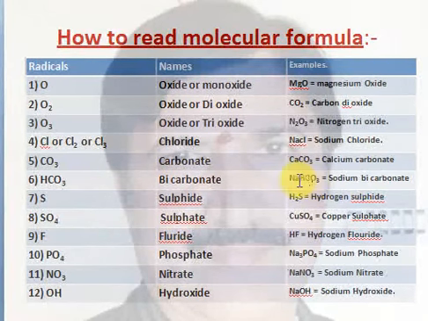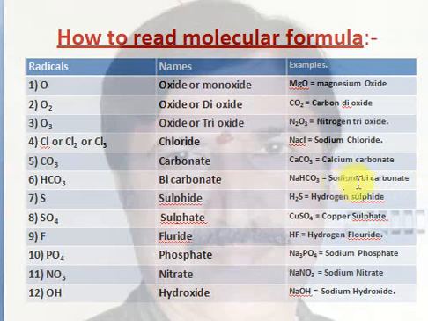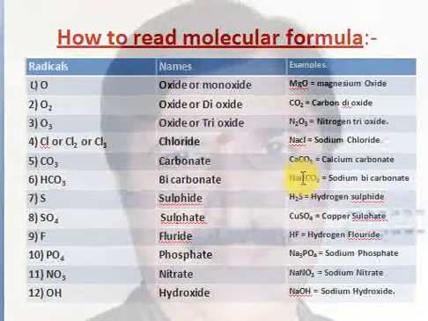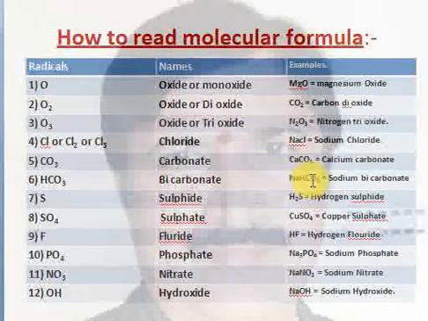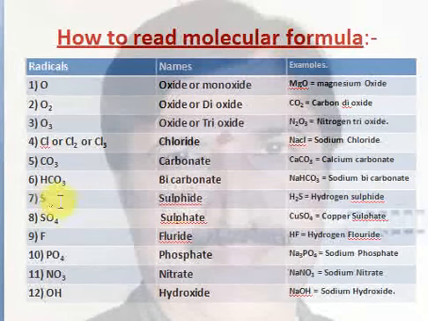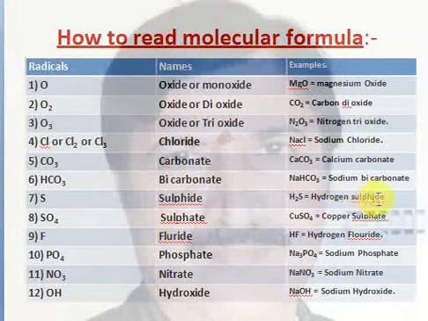NaHCO3, baking soda, sodium bicarbonate. So the name bicarbonate is used if the molecular formula contains the radical HCO3. So if the molecular formula ends with S, then you have to call it sulfide. See here, H2S, hydrogen sulfide.